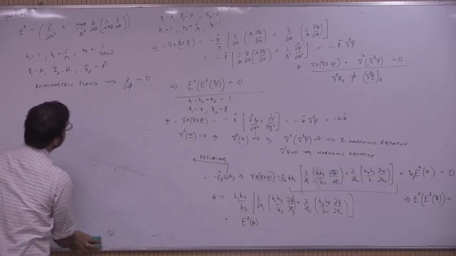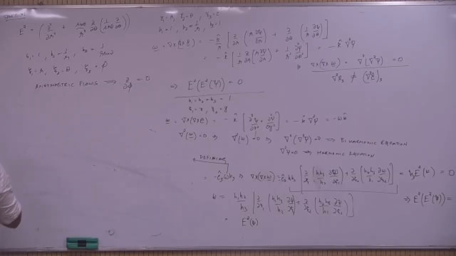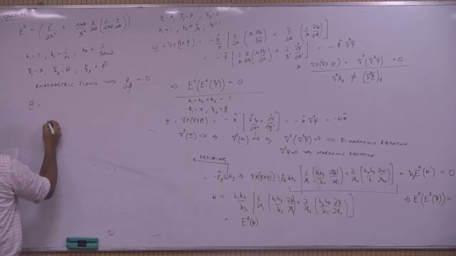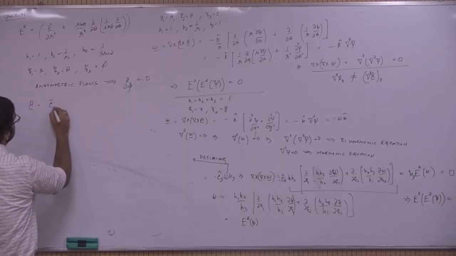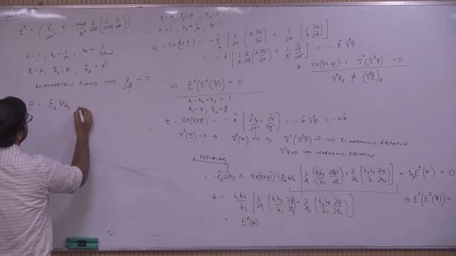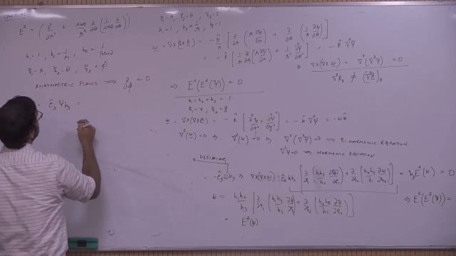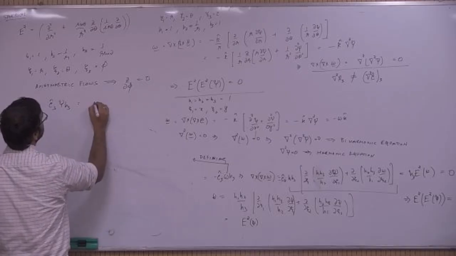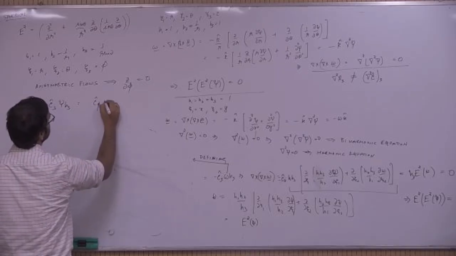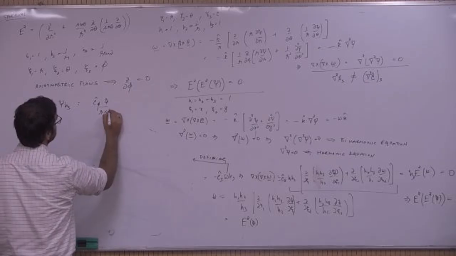We can also look at the velocity components in the spherical coordinates from our definitions. So we had said that A is, let us say, E hat 3 psi h3. So h3 here is 1 by r sine theta. So here it will be E hat phi psi by r sine theta.